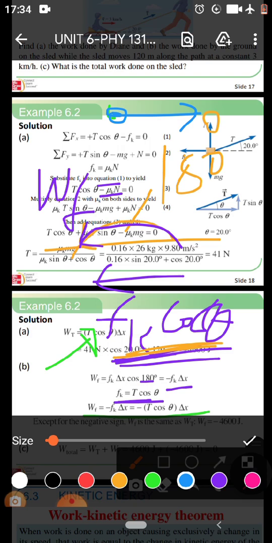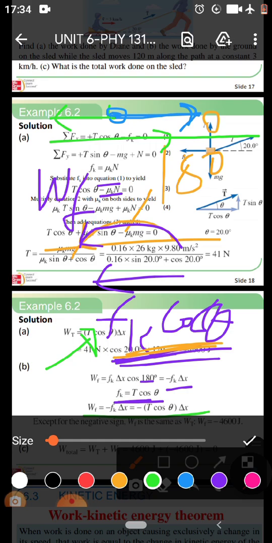First of all, the displacement is along this direction, and then the tension goes this direction, and the ground as well, the ground this direction.